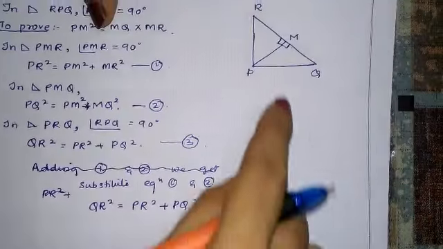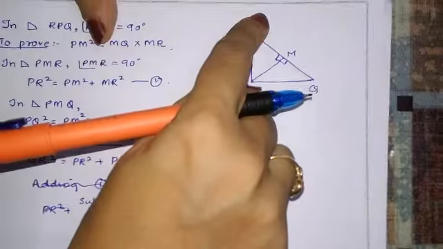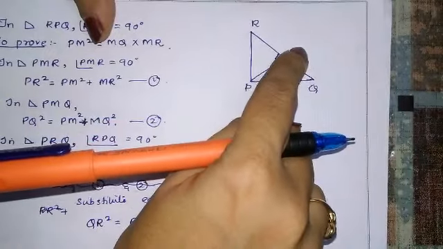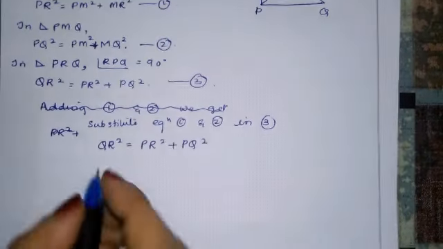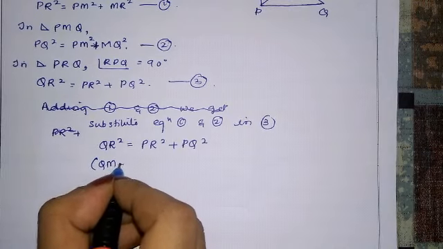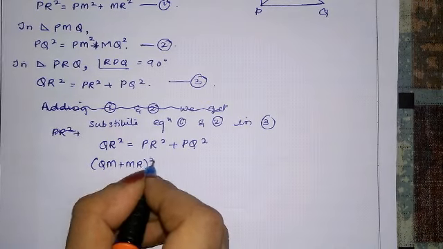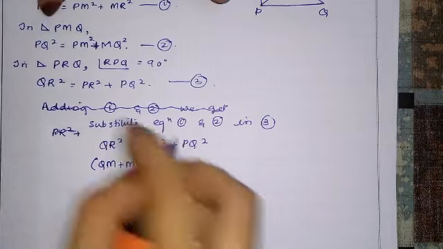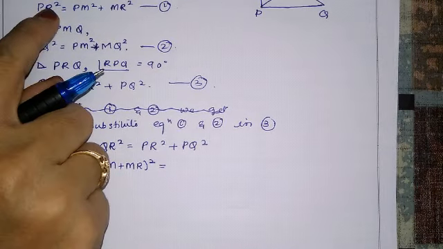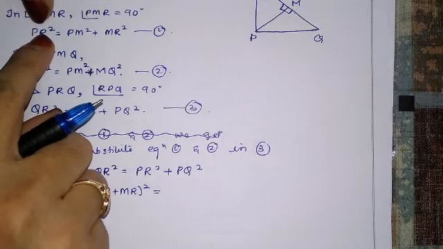QR, you can see here, QR is what? QR is nothing but QM plus MR. QM plus MR whole square is equal to the PR value. The PR value we can see here, we found from equation 1.